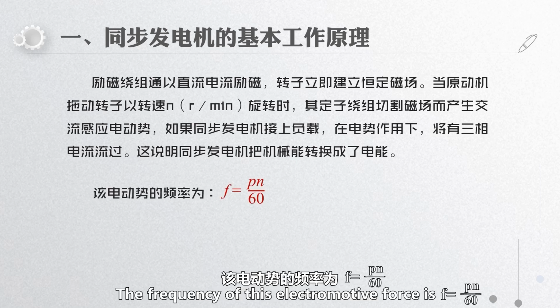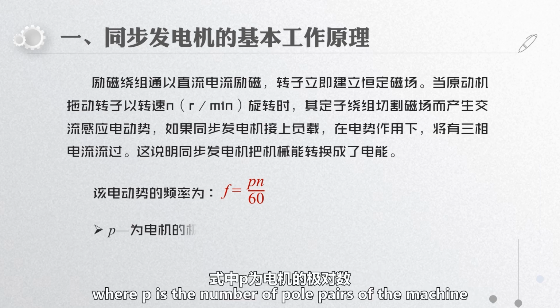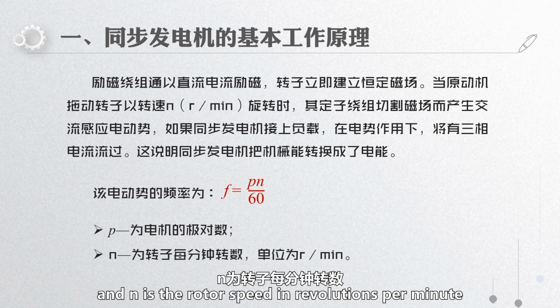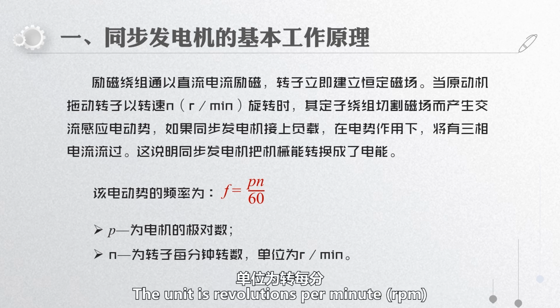The frequency of this electromotive force is f = pn/60, where p is the number of pole pairs of the machine and n is the rotor speed in revolutions per minute, RPM.